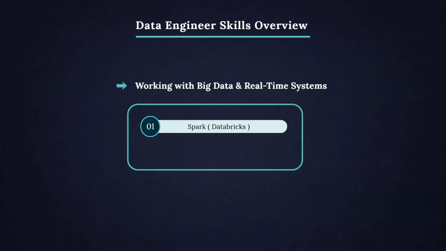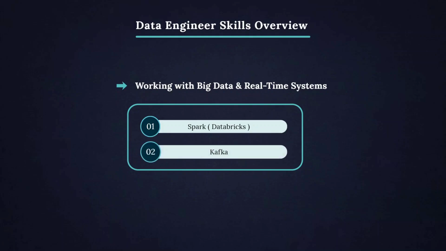Spark is a distributed processing framework, which means it can process large amounts of data by spreading the work across multiple machines. This is why Spark is in high demand today. It helps companies handle data that is too big for traditional systems to process efficiently.